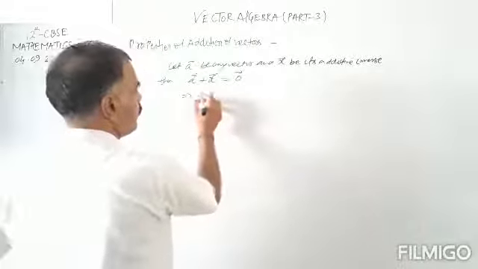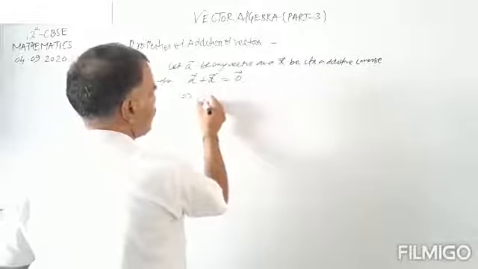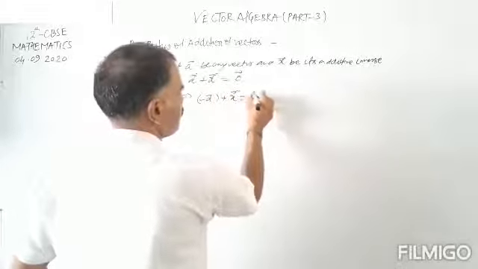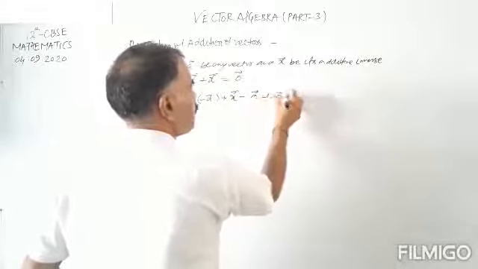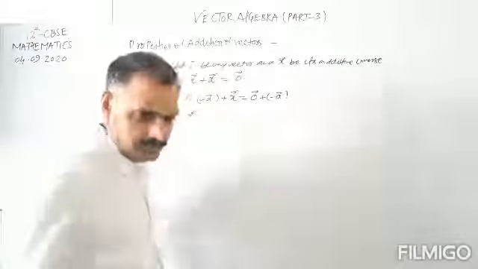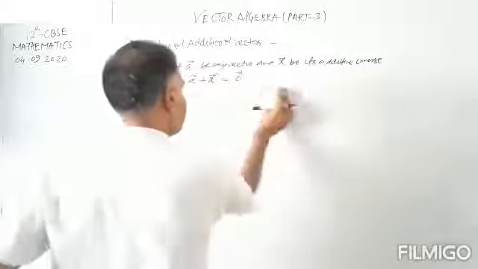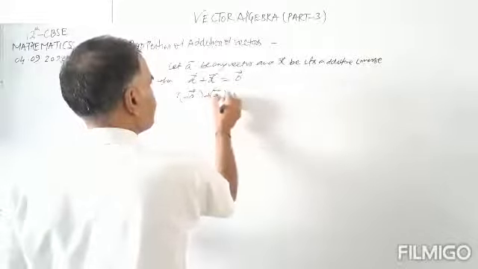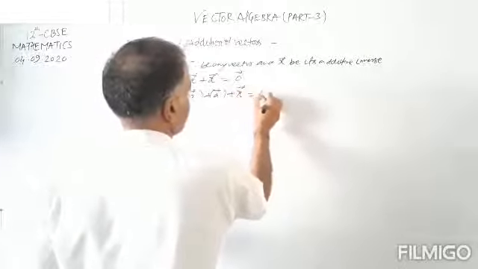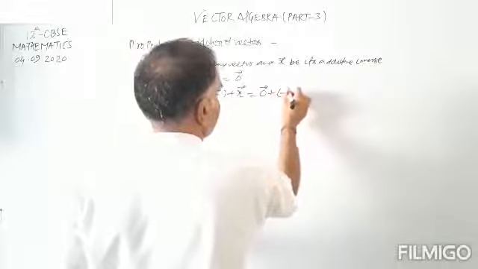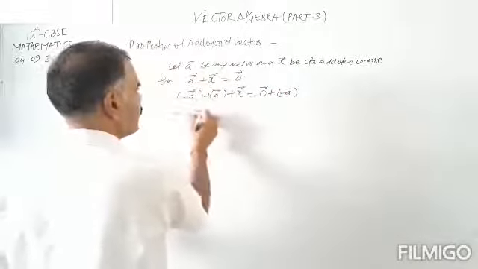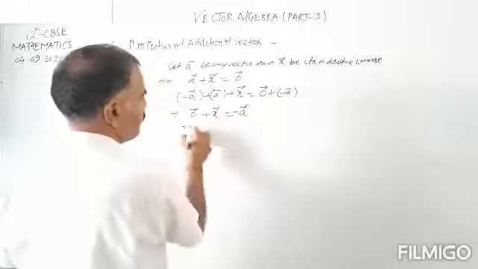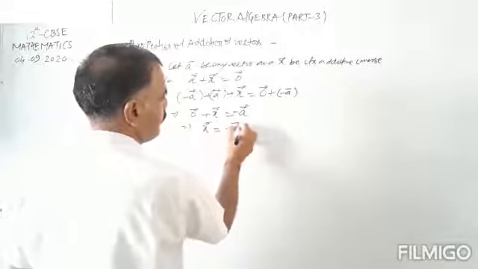So now adding minus A vector on both the sides. Okay, so minus A vector + X vector is equal to 0 vector + minus A vector, which is equal to minus A vector, that is X vector is equal to minus A vector.